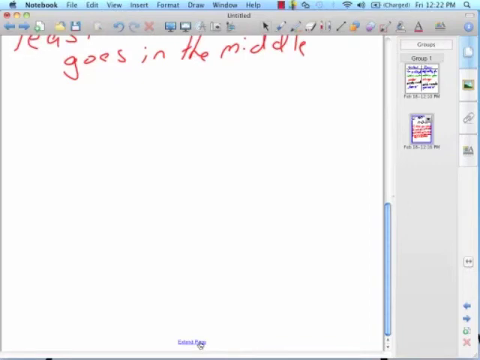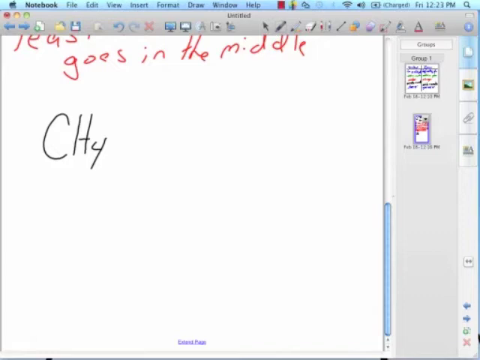So, let's draw a Lewis structure. How about we pick something nice and easy, like CH4. The first step is to figure out how many valence electrons are here. So how many carbons are there? One. And how many valence electrons does carbon have?